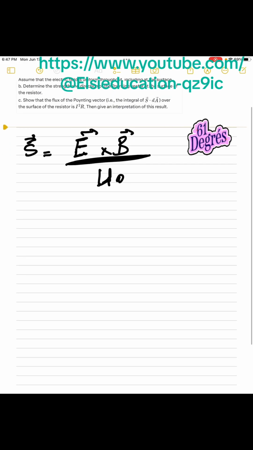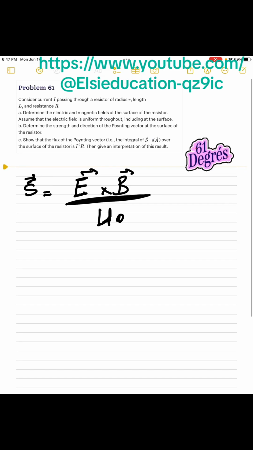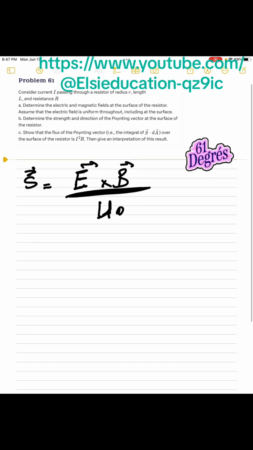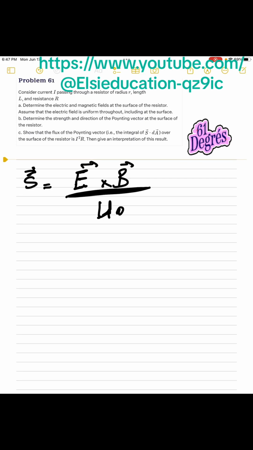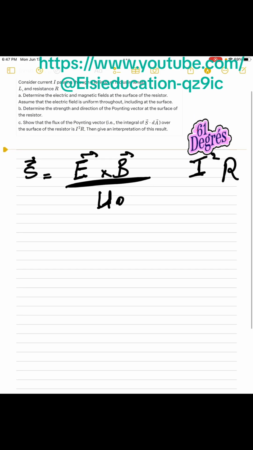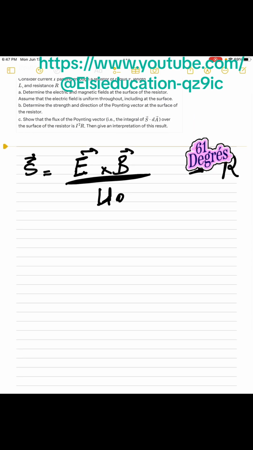We need this formula to prove that the Poynting flux from a resistance is going to be equal to the current squared multiplied by the resistance, and that looks mostly like a power thing.